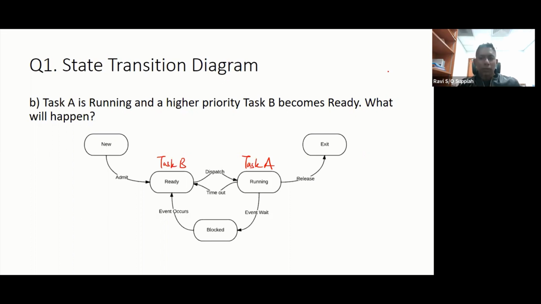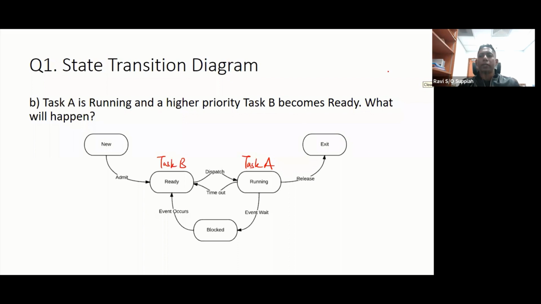Either you get a timeout, if your time slice is up, or you can call a function to voluntarily give up the CPU, which we call yield the CPU, and then you transition to ready. These are 2 different ways in which you transition from running to ready.